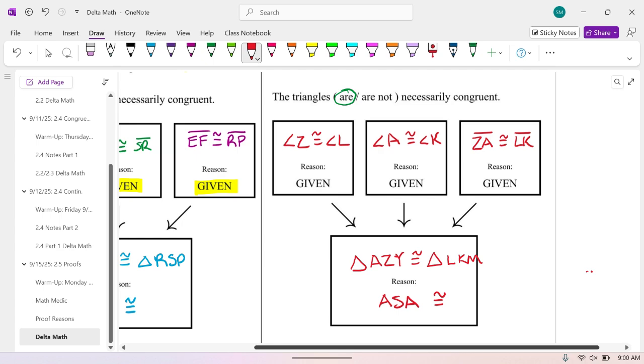All right. Any questions on the really, really basic ones? All right, now we're going to look at one that's not necessarily, we're just given everything. So we have to make some conjectures. So look at number 4.